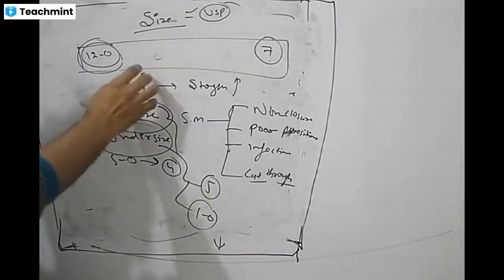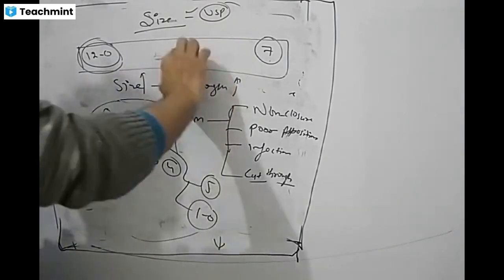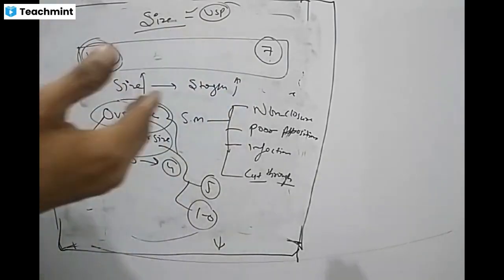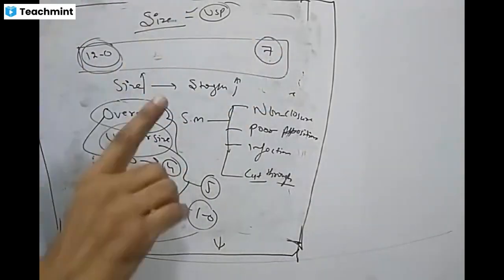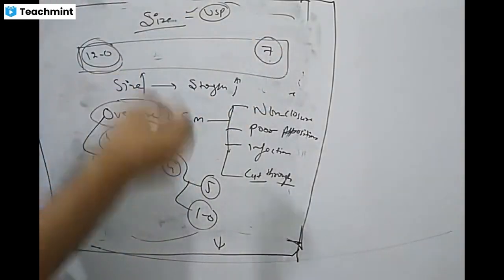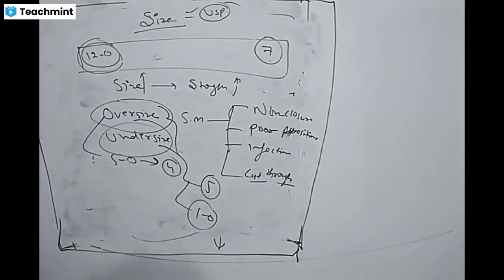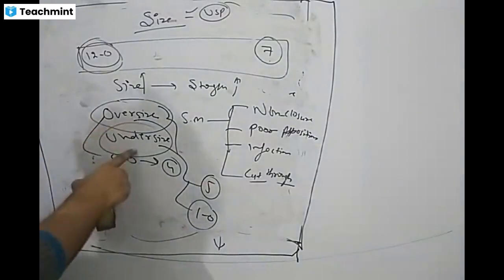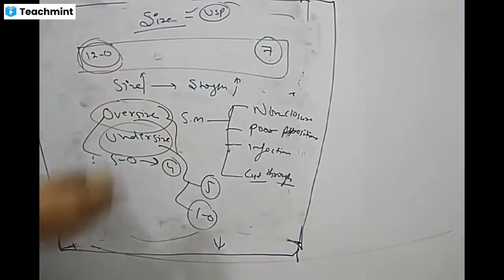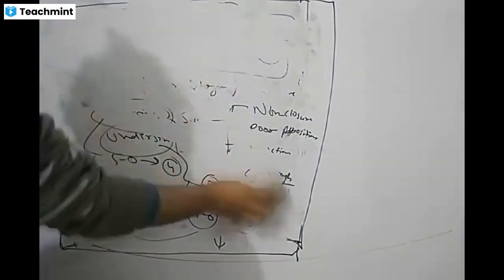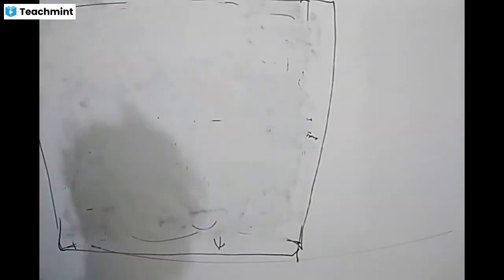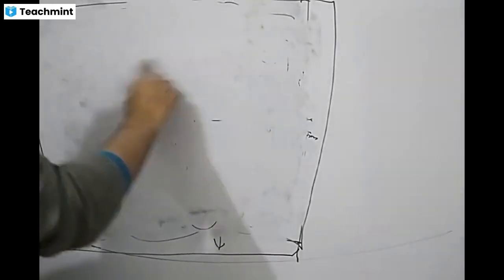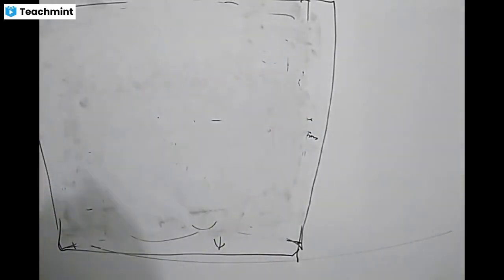As the size increases, the strength of the suture material also increases, meaning number 7 suture material is stronger than 12-0. So oversize and undersize both have their complications. From size, one MCQ was asked, that was your 1-0, 2-0, 1 and 2.